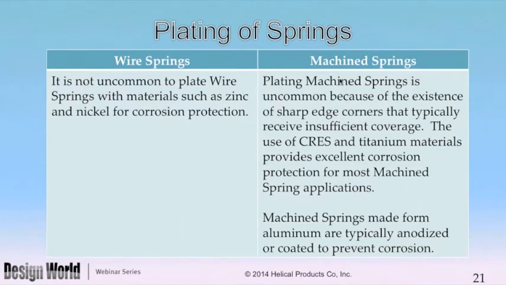So while machine springs do get plated, sometimes coating them is better with a process similar to painting, but maybe electrostatically applied. So both spring types can be coated in some way or plated in some way, but usually it's different. Aluminum springs, which are a more cost-effective form of the machine spring, are typically anodized, and that anodizing works fine.